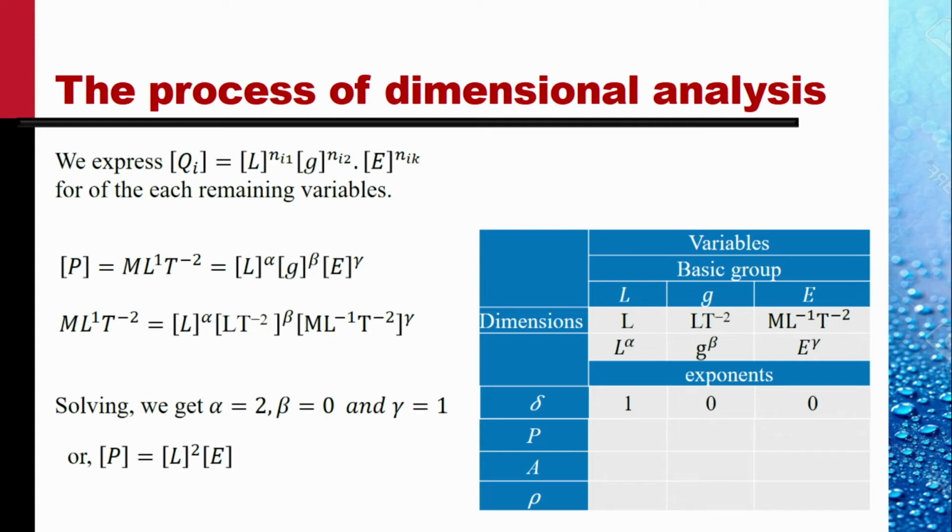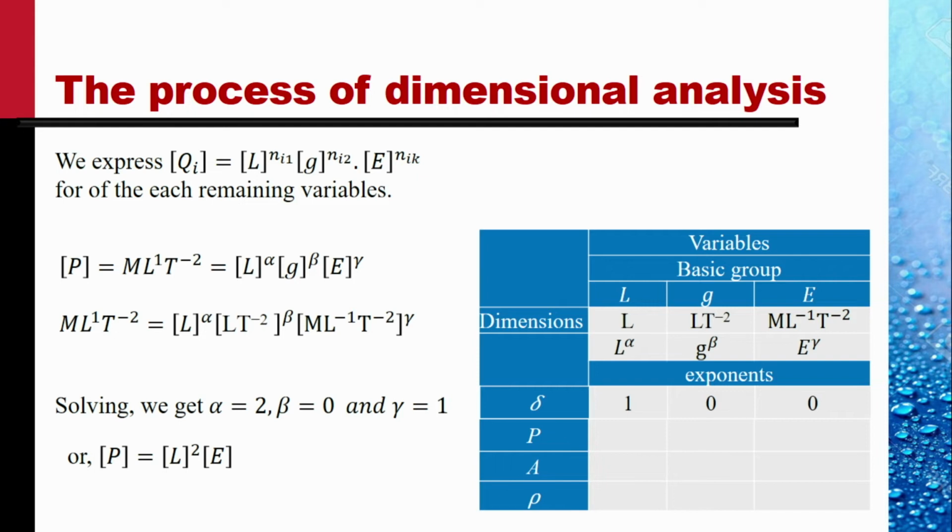We can write the equation. Dimension of M would mean that M on the left-hand side should be equal to, on the right-hand side, M raised to power gamma. So gamma must be 1. Now let's look at the dimension of t.